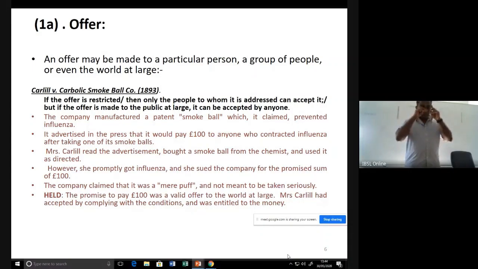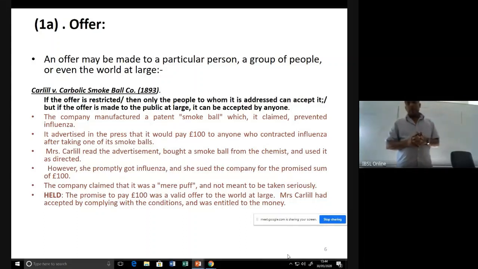So remember, this is a law paper. In a law paper you can't write history or literature, no. You have to write or explain your answer purely based on the law principles and case studies.